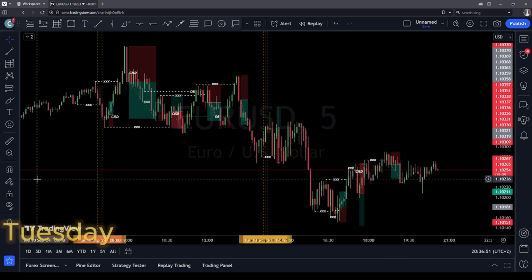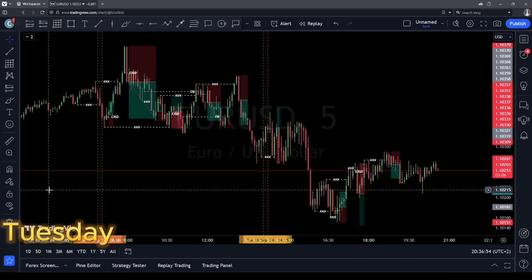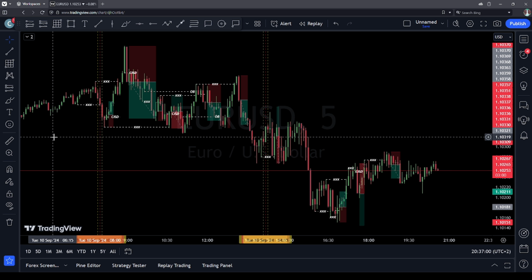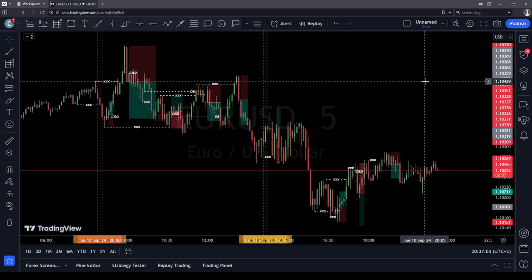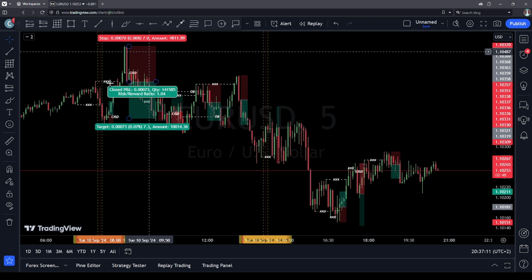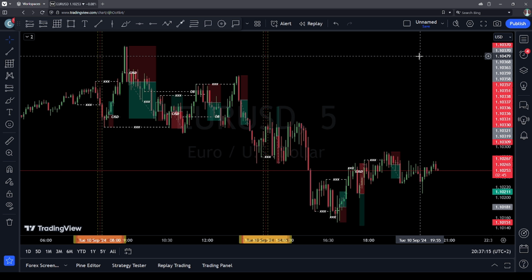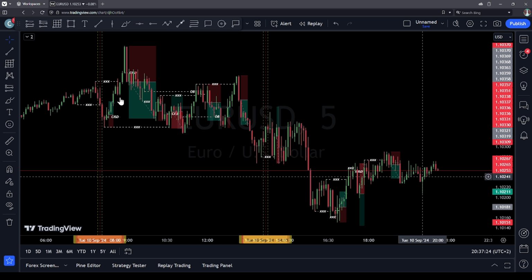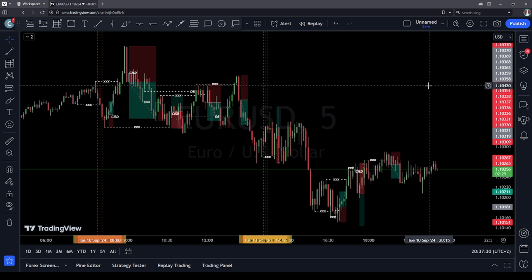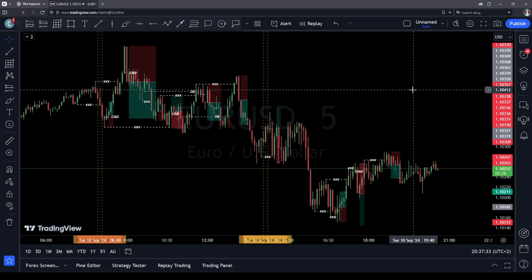Alright folks, so this is today's price action. Now I do want to clarify that these are all forward test trades, and as you guys can see there's a lot of trades, but with the challenge that I'm doing now with my trading rules, there hasn't been any trades today, because what I wait for is 2 consecutive losses, and then I start trading on the third trade, because based on my data, using the way that I trade, most probably if I get 2 consecutive losses, the third trade is going to be a winner, right?